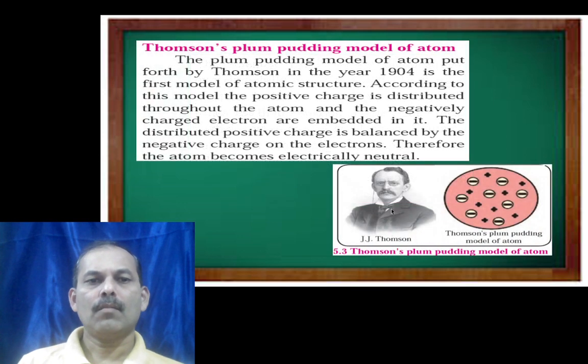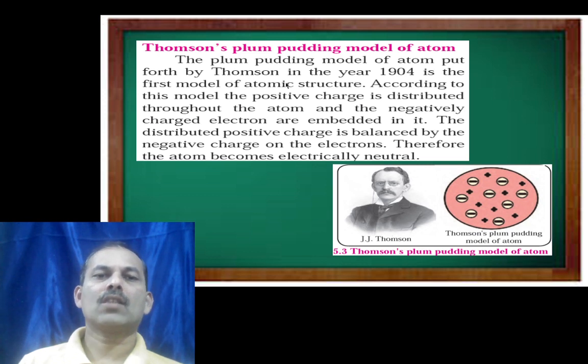Thomson's plum pudding model of atom. The plum pudding model of atom put forth by Thomson in the year 1904 is the first model of atomic structure.